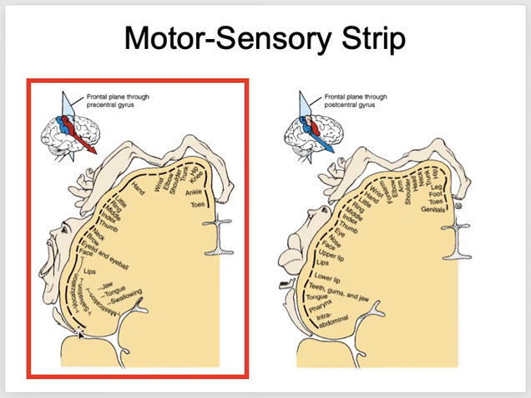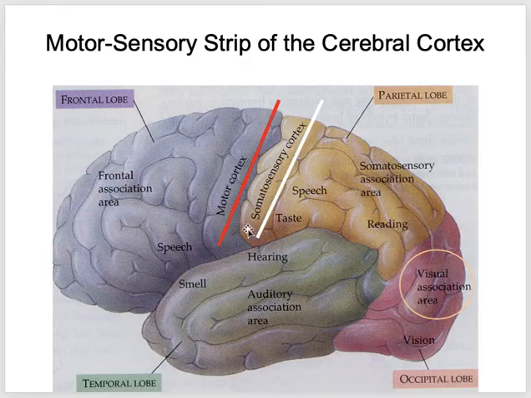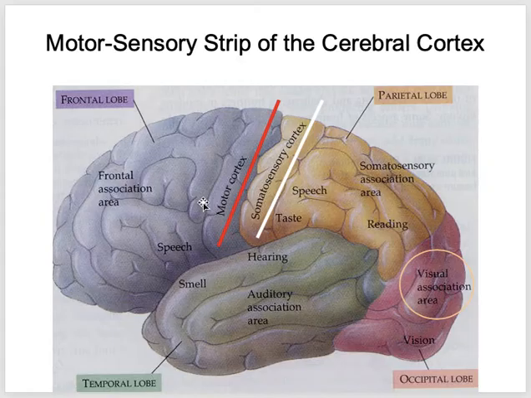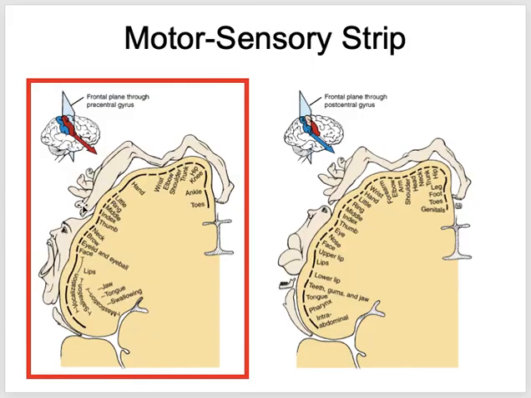Basically, most of the area, from here to here, is the face area. Then a bigger area, from here until here, is taken by our hands. And then a very small area is dedicated to the lower limbs.